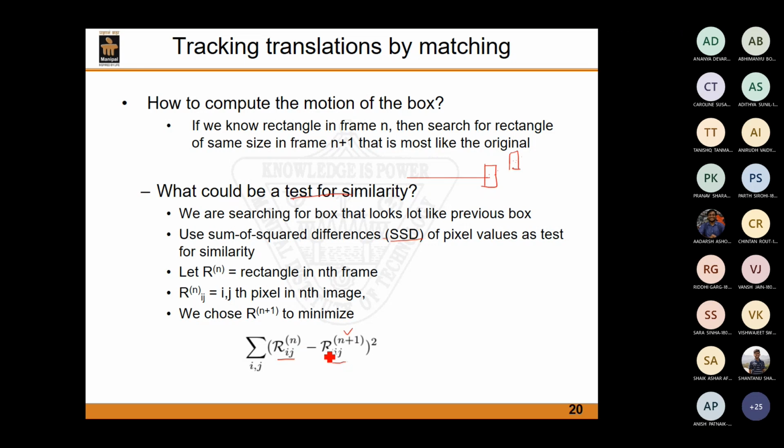So in this case, we are calculating the sum of square differences. How is it calculated? We take the difference, we square that difference, and we just take the average of that. So this is the expression for the sum of squared differences. And using this SSD function, we can try to find out how much is the similarity.